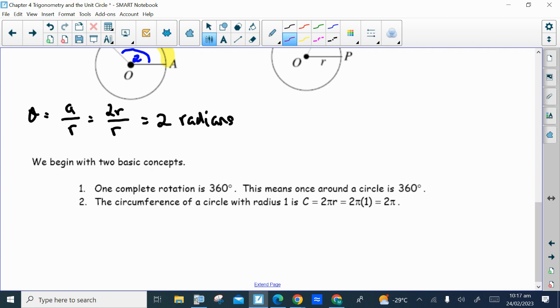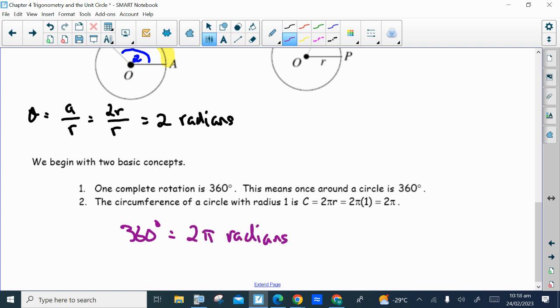The circumference, remember, is the distance around a circle, 1 complete revolution. And if the radius is 1 unit, knowing that the formula for circumference is 2 pi r, when you let r equal 1 as the radius, you're just going to get 2 pi. So this means that 360 degrees is equivalent to 2 pi radians.